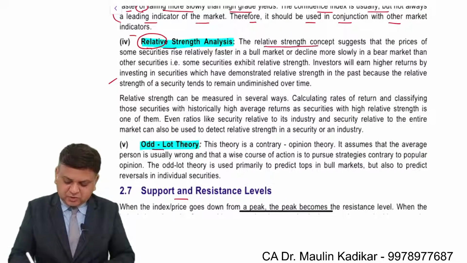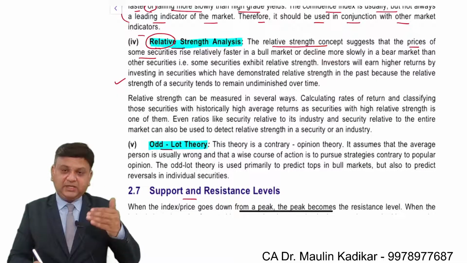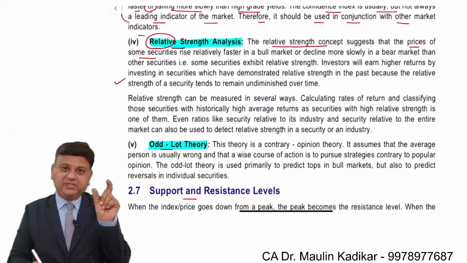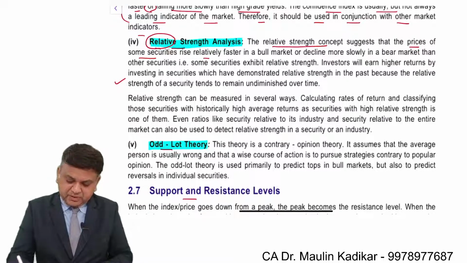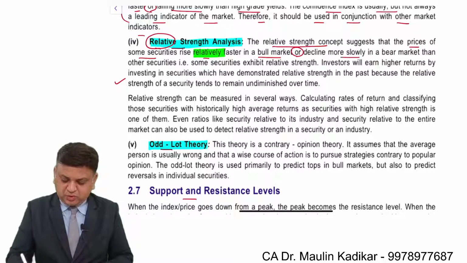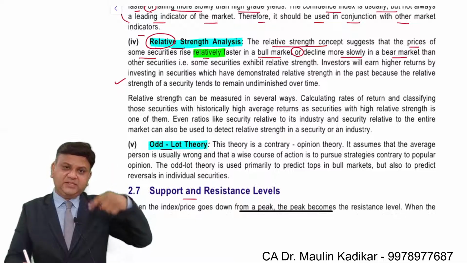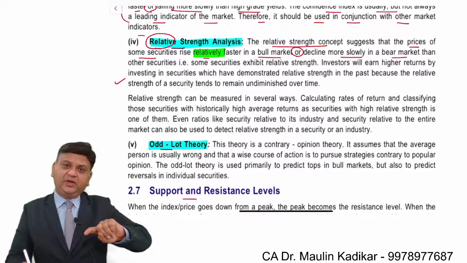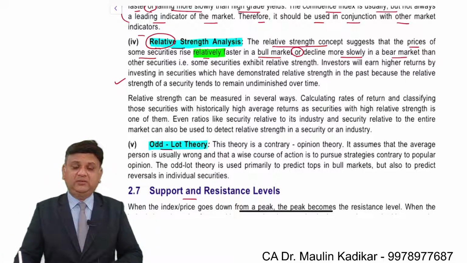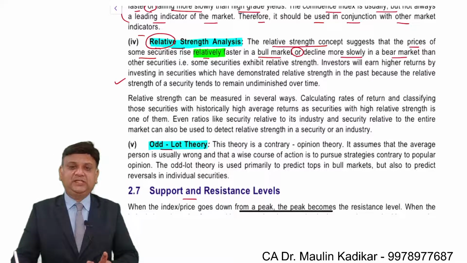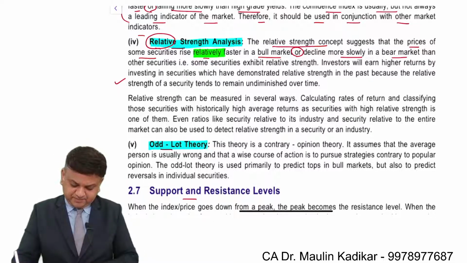The relative strength concept suggests that the prices of some securities rise relatively faster in a bull market or decline more slowly in a bear market. So when prices are rising, it rises at a faster rate, and when it is falling, it falls at a lower rate. So that is a good signal, so that security is relatively better.